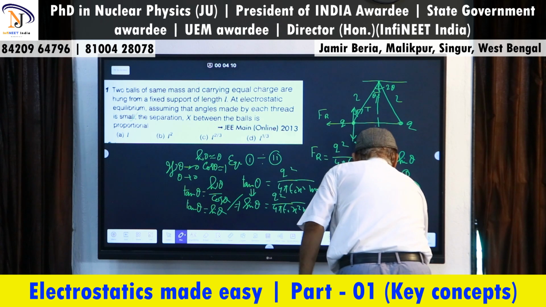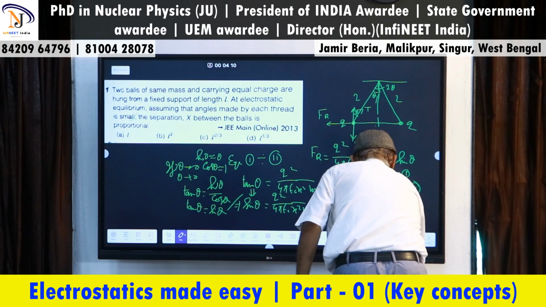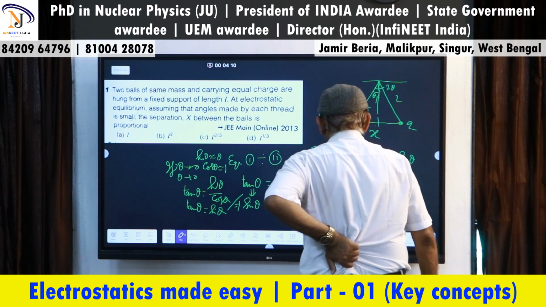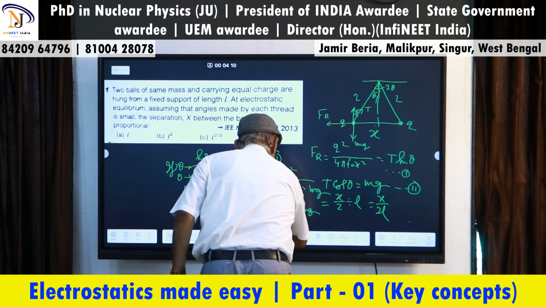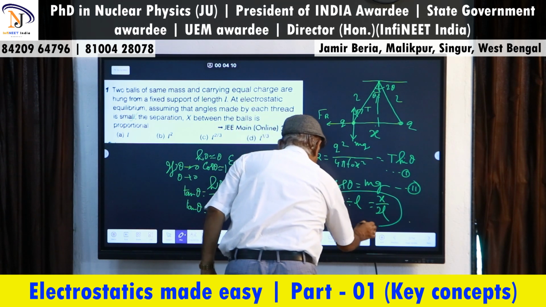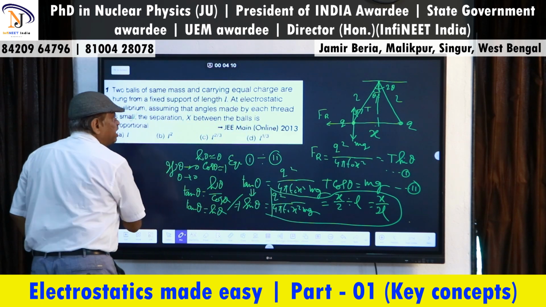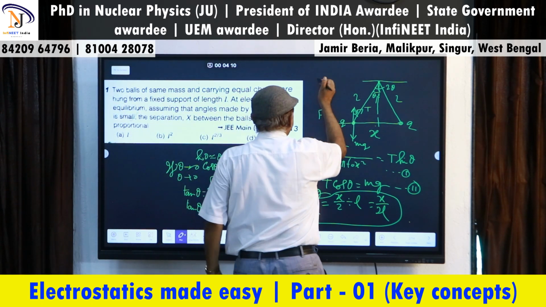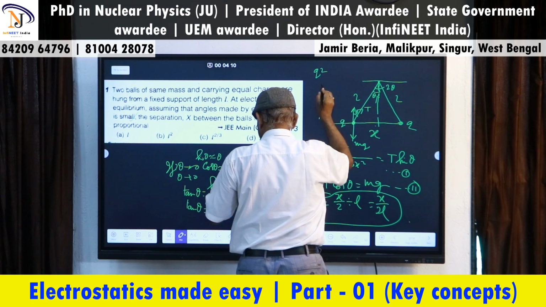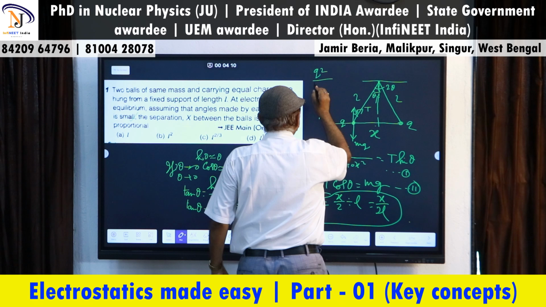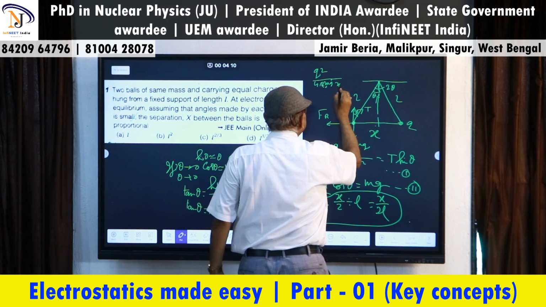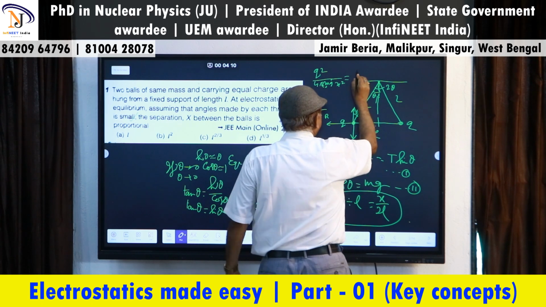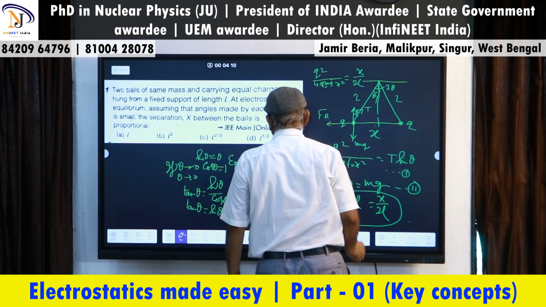So you can write sin theta as x by 2L. This is the relation. So Q squared by 4 pi epsilon 0 mg x square equals x by 2L.